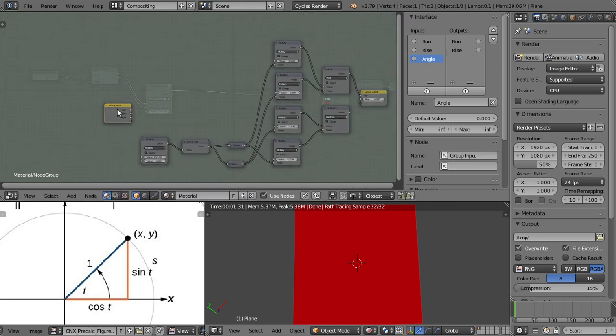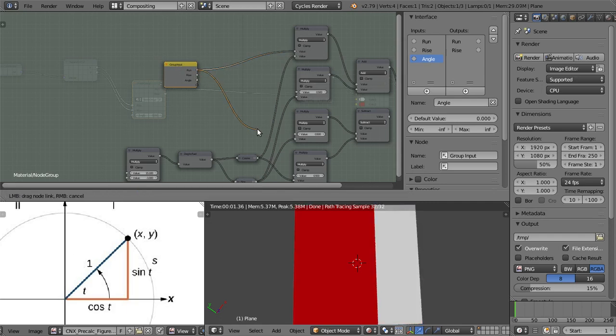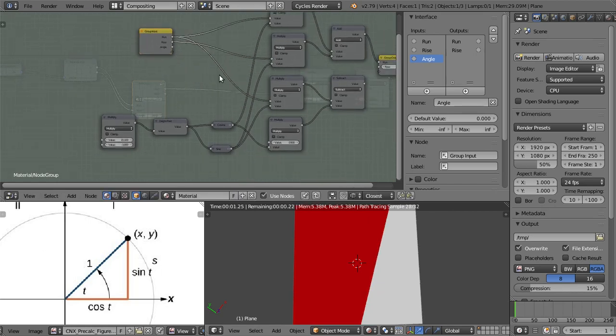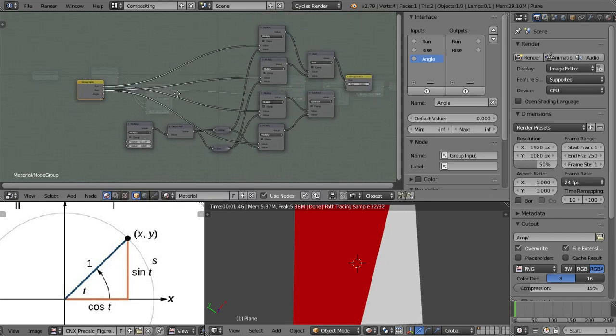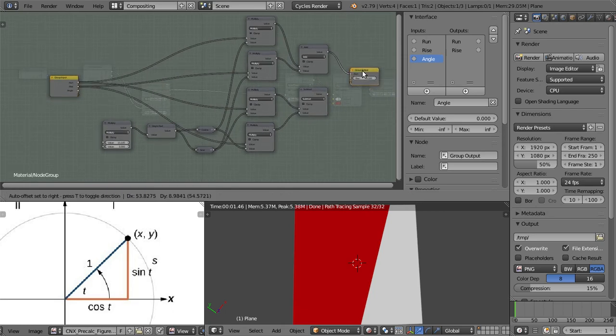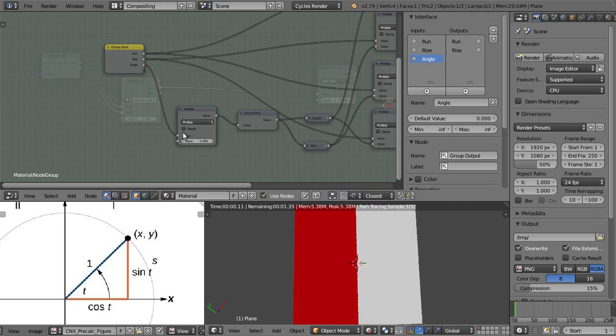So. Run goes here, goes here, I believe, and the rise goes here and down there, if I remember right. Okay, and then bring this back over here, like so, and the angle input goes over here like so.